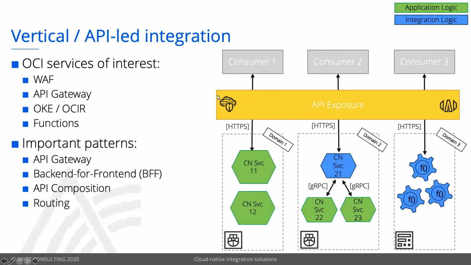We have an API exposure layer, which is implemented with Web Application Firewall, for example, for OWASP 10 protection. We have an API gateway for exposing the services, for handling authentication use cases, and also doing rate limiting and all that kind of things.